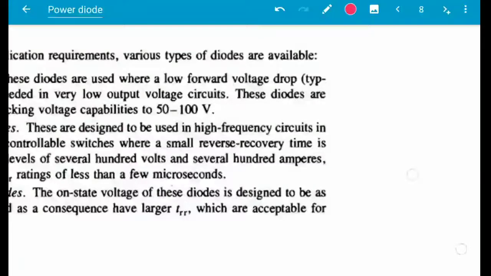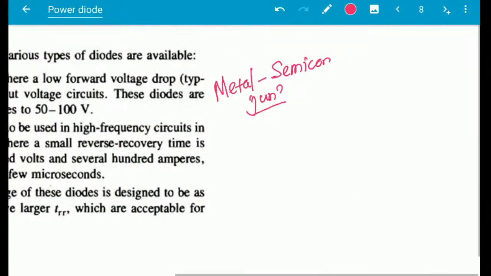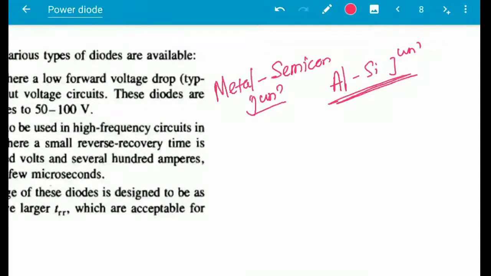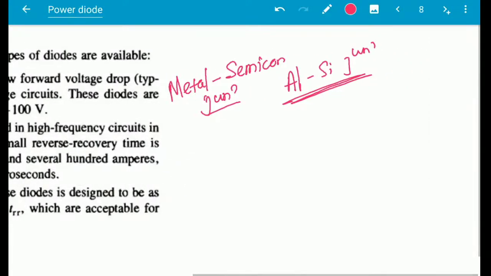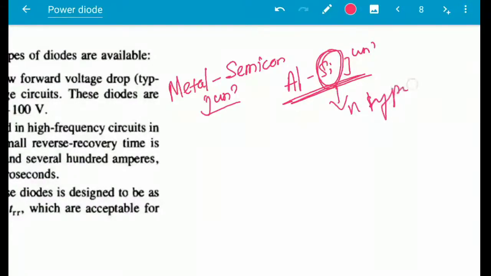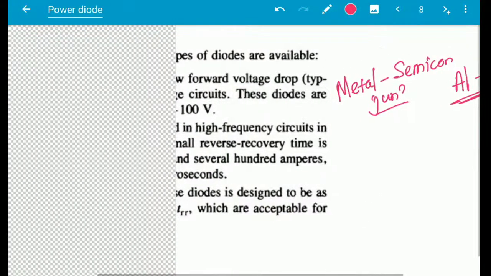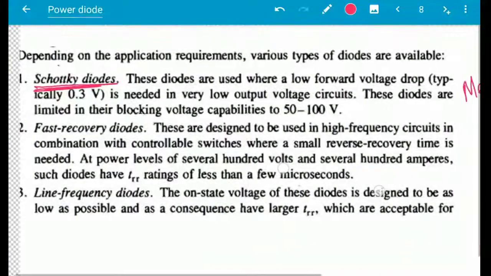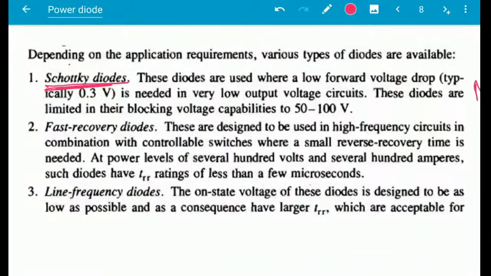Schottky diodes are generally metal semiconductor junction diodes, and generally available in the market are aluminum silicon junction diodes, and this silicon is generally n-type silicon. What are the specialties of Schottky diodes?